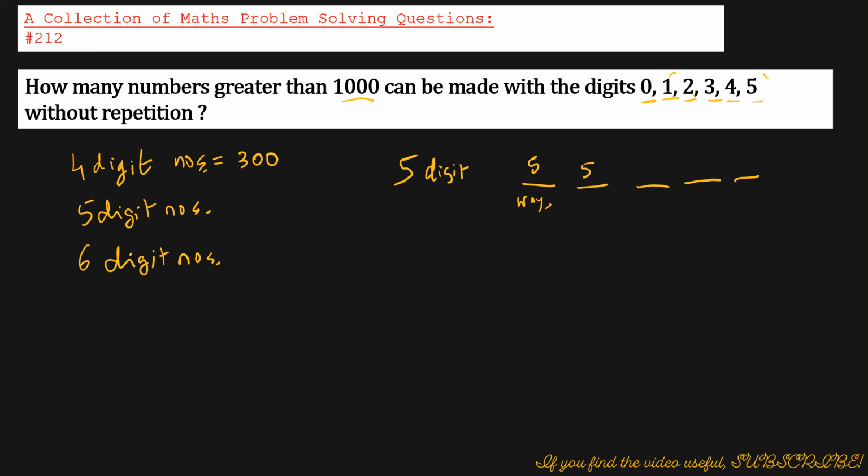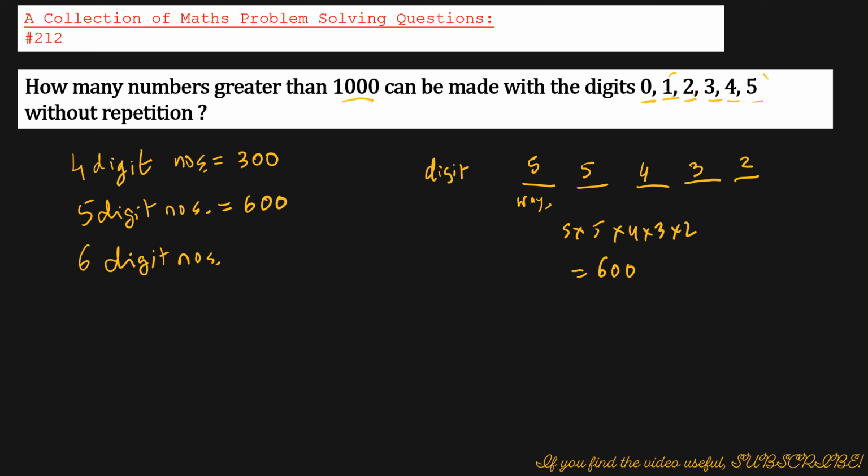Next you will have 4, and then 3, and then 2. So first 5 times 5 times 4 times 3 times 2, and that equals 25 times 4 is 100, times 6 is 600. So the number of 5-digit numbers would be 600.